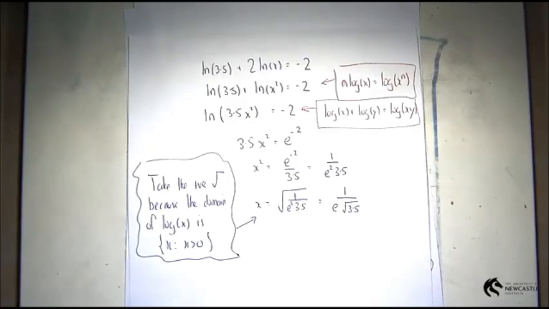Log base 10 of 3 is just a number, so I can divide both sides by that number. I'll get 5x minus 1 is equal to log base 10 of 2 over log base 10 of 3.